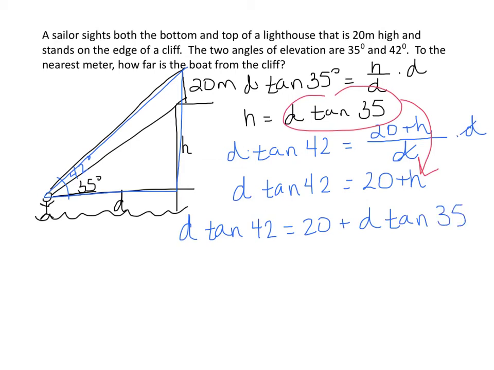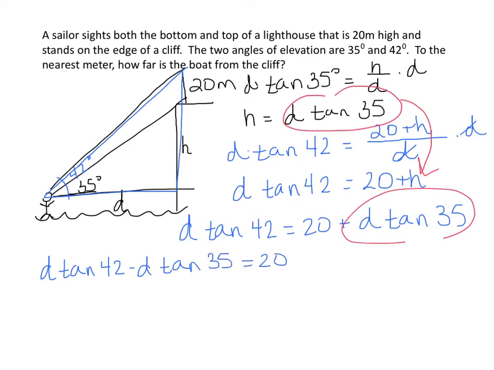From here, it's just a matter of algebraic manipulation, so I will subtract d times the tangent of 35 from both sides. I will factor out this d.